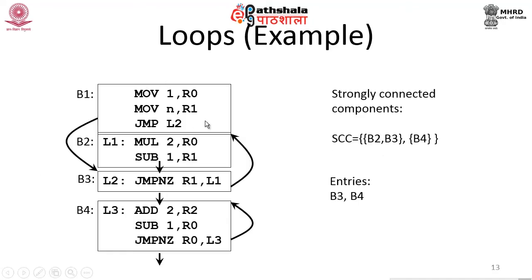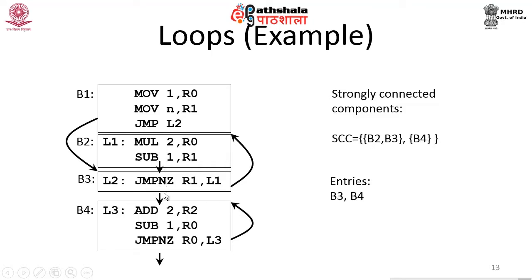In this example, the same one we have already looked at is discussed here. So this is one basic block, second one, third and fourth basic block. Now the strongly connected components are B2, B3. There is a path of length one or more, and to come to B3 I have to come through B2 only.